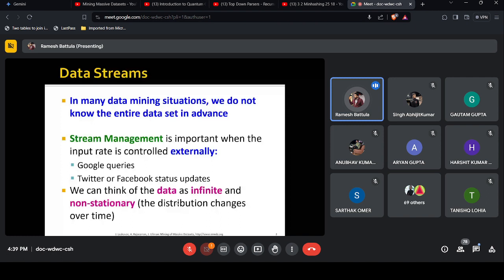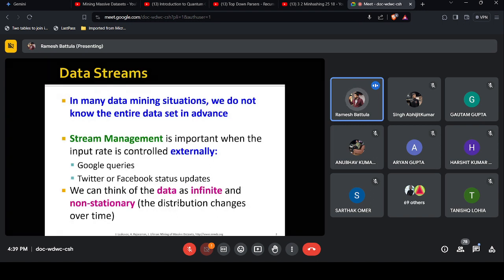For example, zero day attacks in networking. Zero day attacks mean there is no data available for them. How can you prevent them?